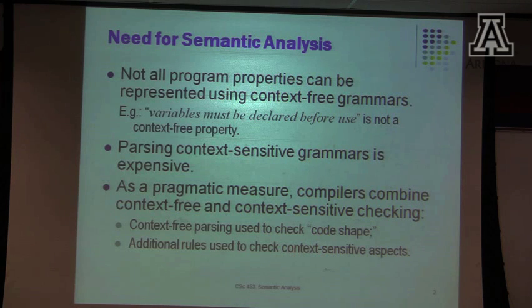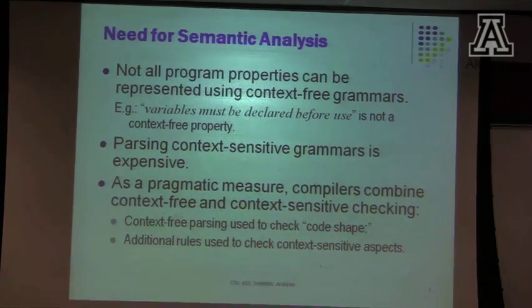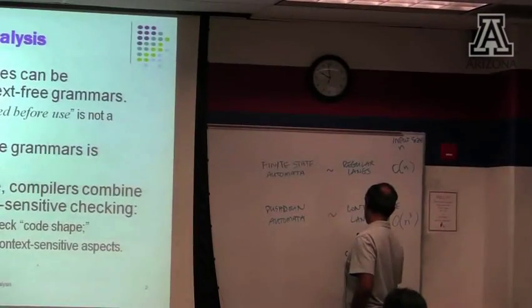And hey, we can handle balanced parens in context-free languages. So maybe the thing we could do is to go up one more level in the Chomsky hierarchy and go to context-sensitive languages.